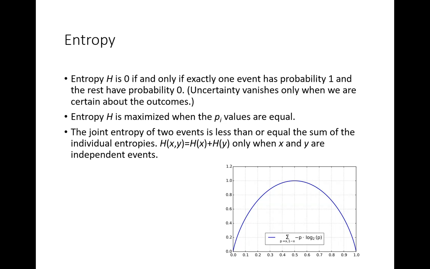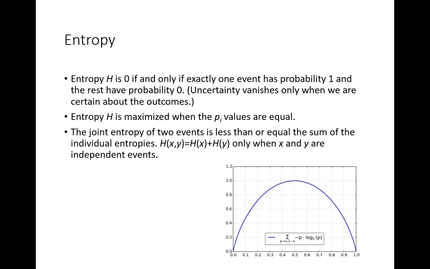All right. Entropy H has a maximum value if all possible outcomes have equal probability. So if you have n possible outcomes and each and every outcome has an equal probability, then entropy is maximum.